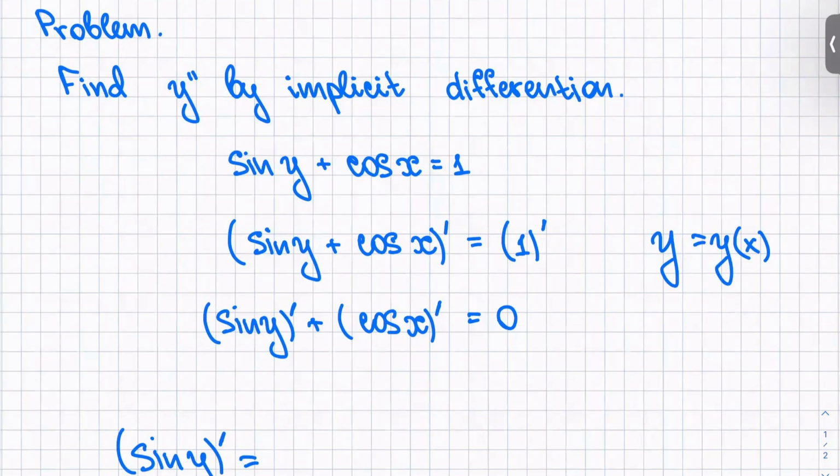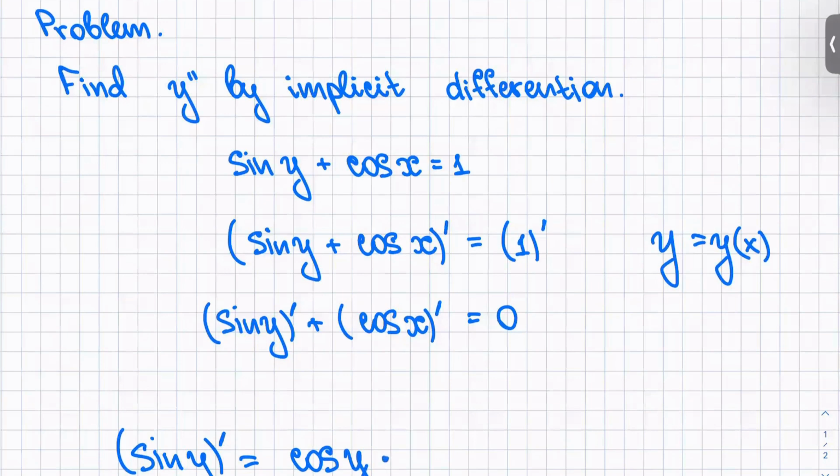First, we have to find the derivative of the outside function, which is in this case sine. So the derivative of sine is cosine, and this derivative has to be evaluated at its argument, which is y in this case. So we just write y.